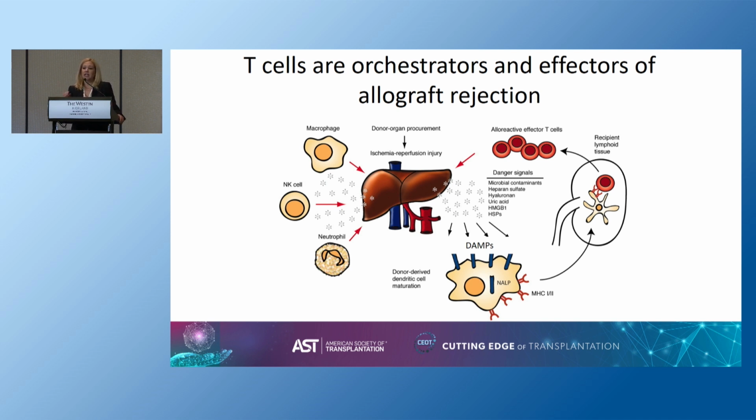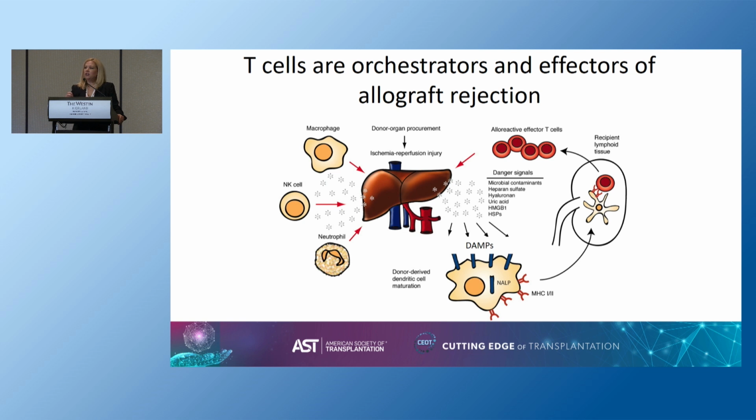These bind to damage-associated molecular pattern receptors on the surface of antigen-presenting cells that transmit a signal to turn on that antigen-presenting cell and make it become activated, upregulate MHC molecules, and go to the secondary lymphoid organs where it can prime alloreactive T cell responses.